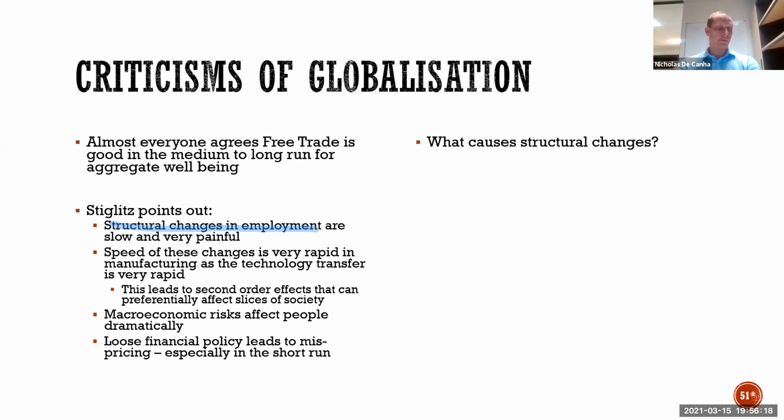So if you were an auto parts manufacturer in southern United States when NAFTA was announced, this has caused some problems for you. And the structural change there is they're saying the economy has moved to more service-based jobs. And that's a big structural change. And the adjustment to that is slow.